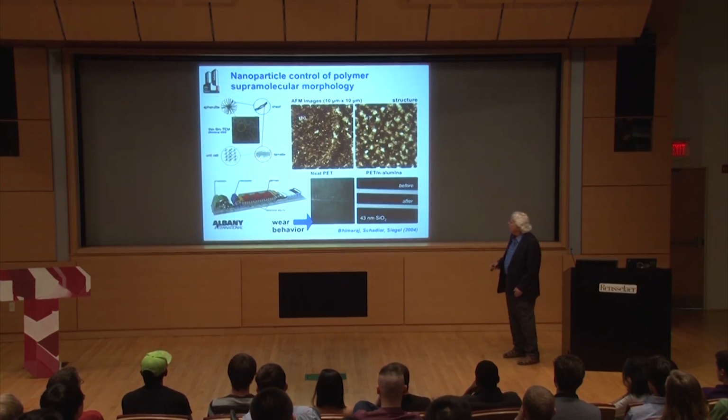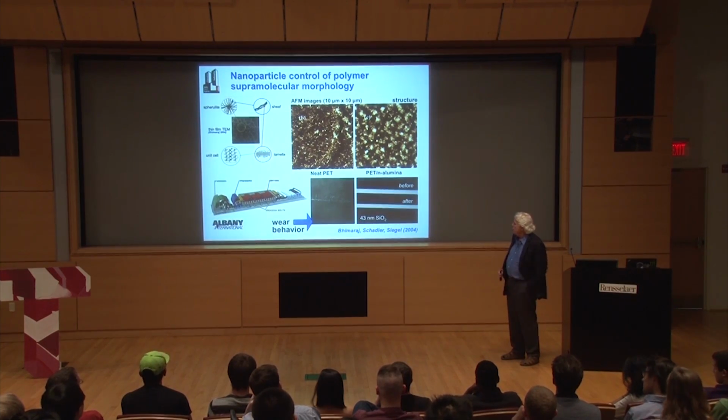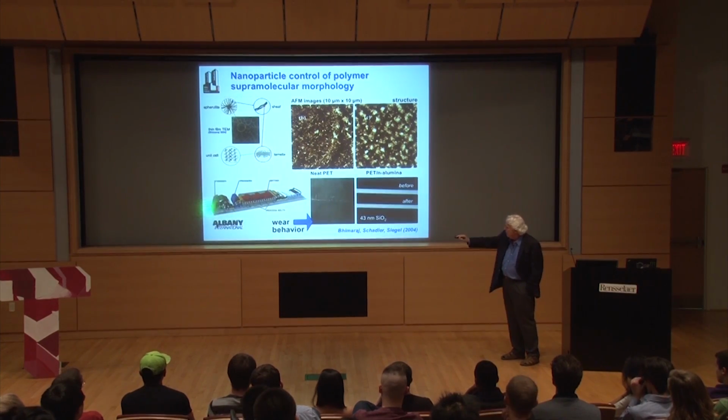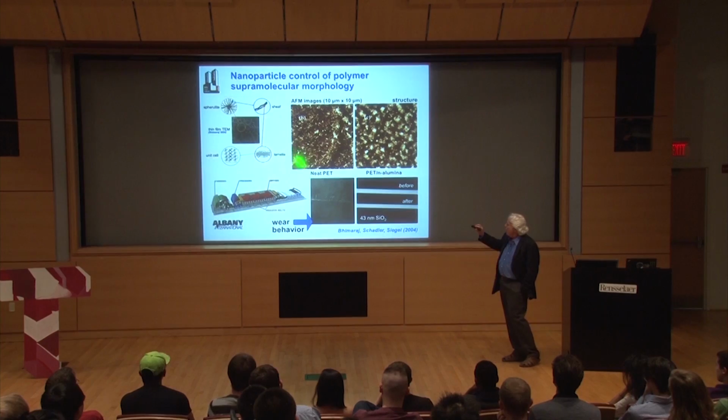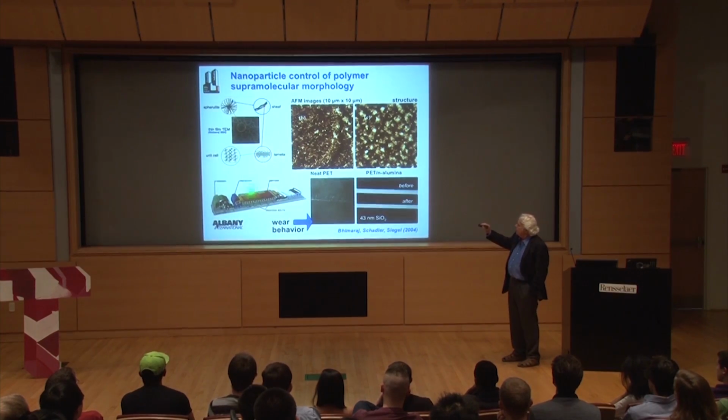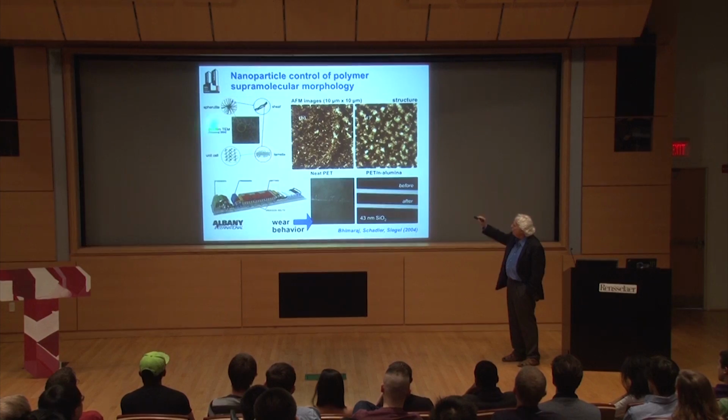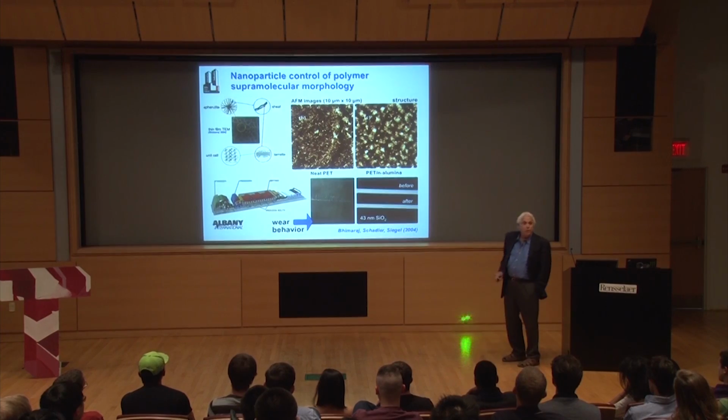Similarly, one can take polymers, which form a lot of useful materials, in this case for the making of paper on these huge machines. This is the size of a football field, although it looks sort of small here. And the nanoparticles can prevent the polymers from forming their natural supramolecular morphology as shown here and break it up. And what's valuable there is the properties change dramatically.